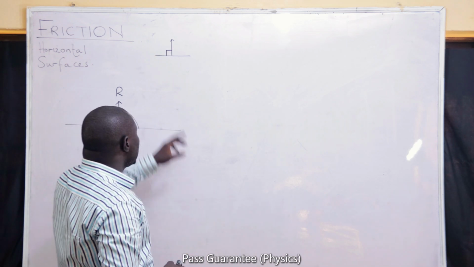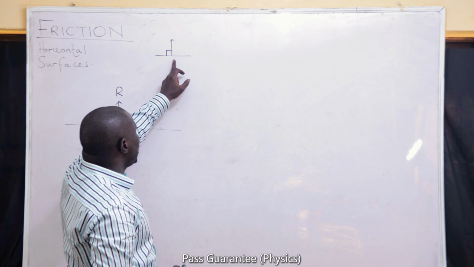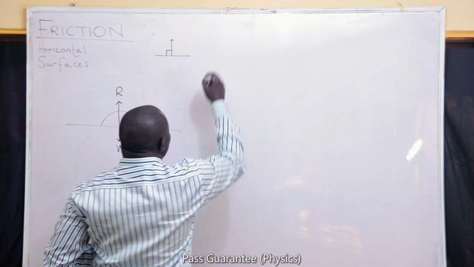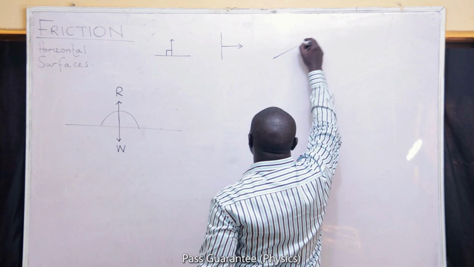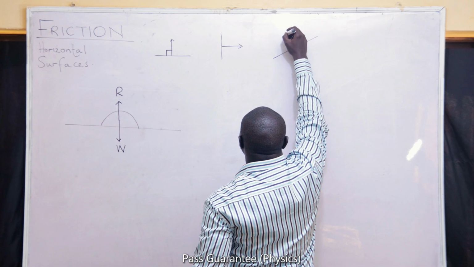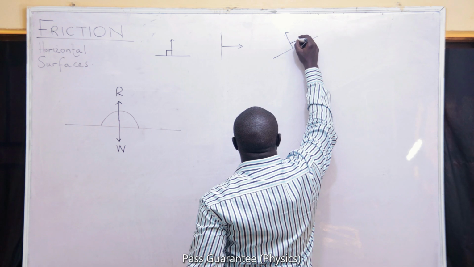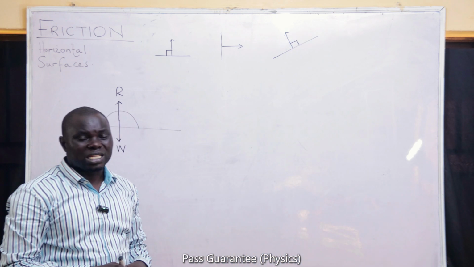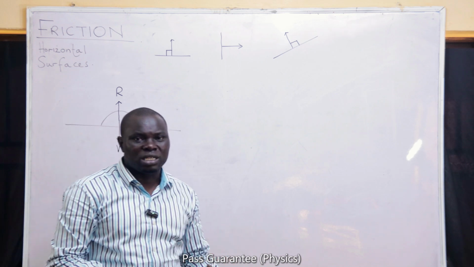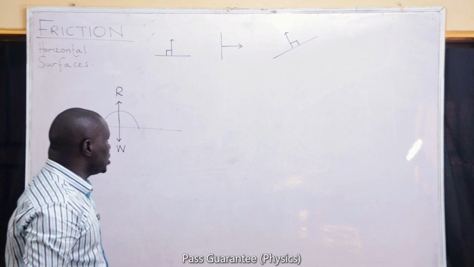So where the surface is horizontal, the normal reaction will be vertical. Where the surface is vertical, normal reaction will be horizontal. Where the surface is inclined, normal reaction will also be inclined in a way that it still maintains 90 degrees with the surface. That is why it is called normal reaction. Normal means 90 degrees, perpendicular.